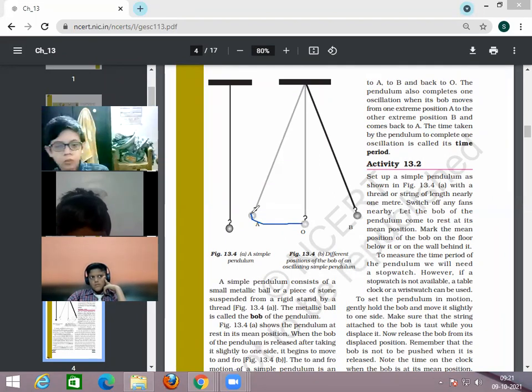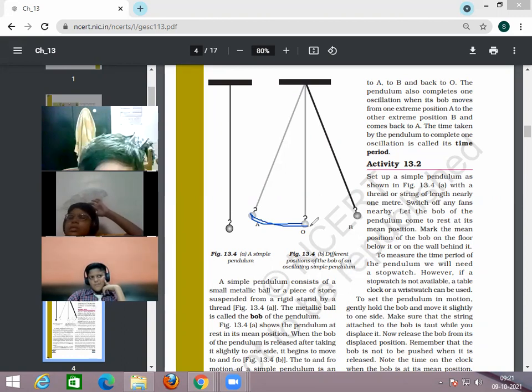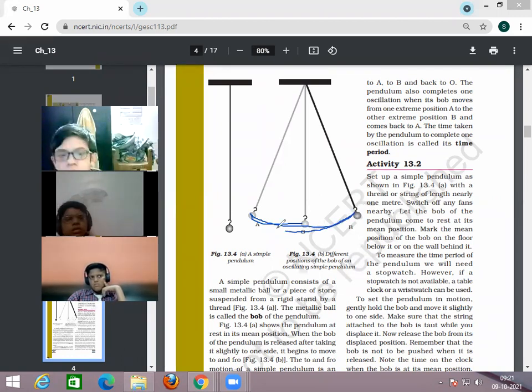We will leave it here. So what will happen? By itself, the pendulum will move to B, and then again it will swing back to A. In this case, we can take it as one oscillation.